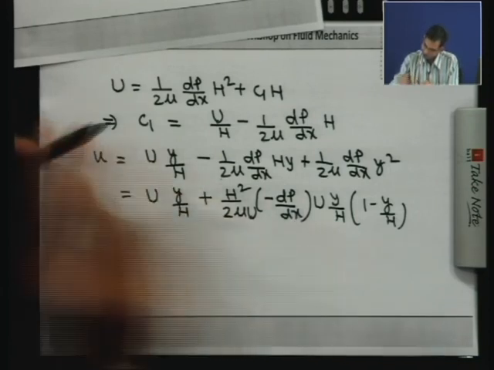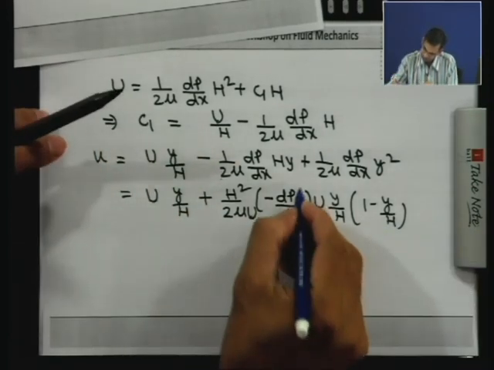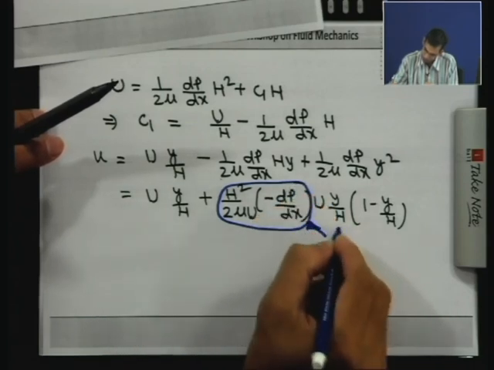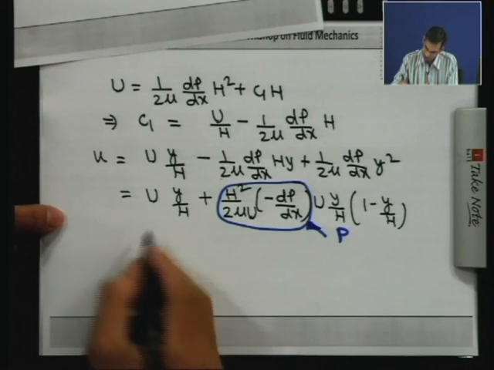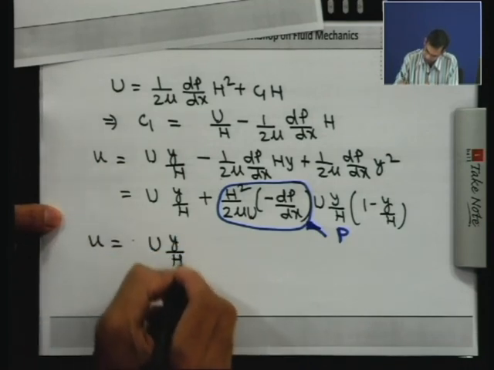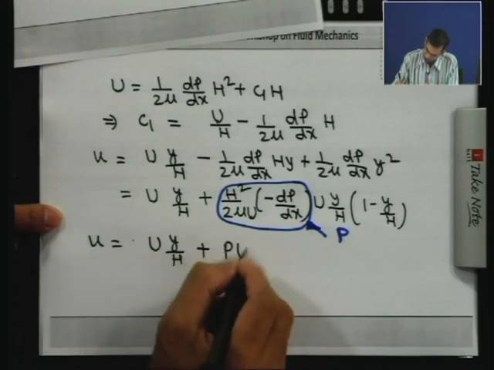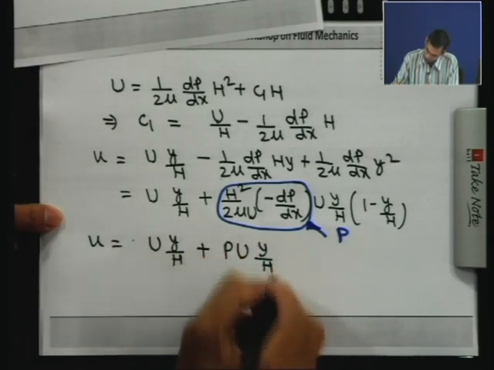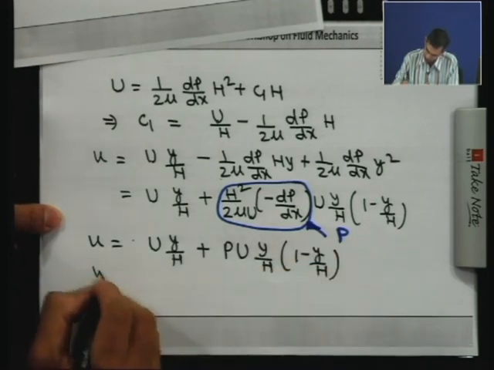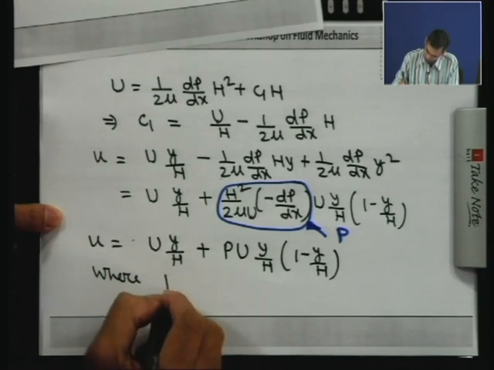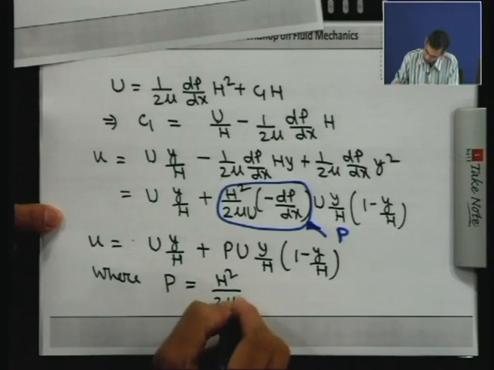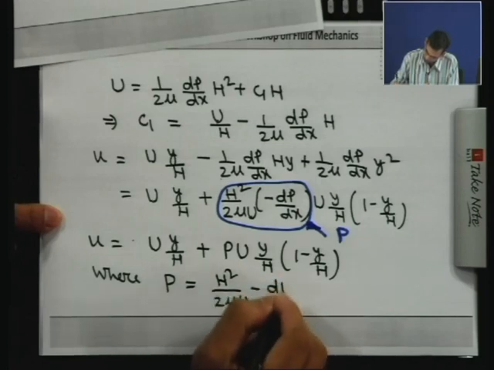So, let us consider this term as one parameter P. So, you can write u as capital U y by H plus P U y by H, 1 minus y by H, where the parameter P is H square by 2 mu times minus dP/dx.